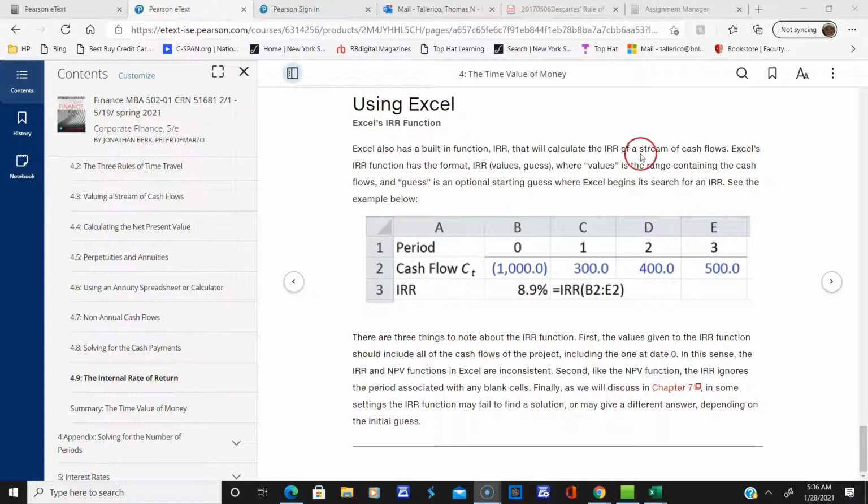So I had a little hiccup there, but anyway, here's the built-in function, and here you can clearly see what they just did. They just throw in the cash flows and use the Excel internal rate of return, and it calculates the internal rate of return for you. And they have a little blurb here about it, the proper way to use it.